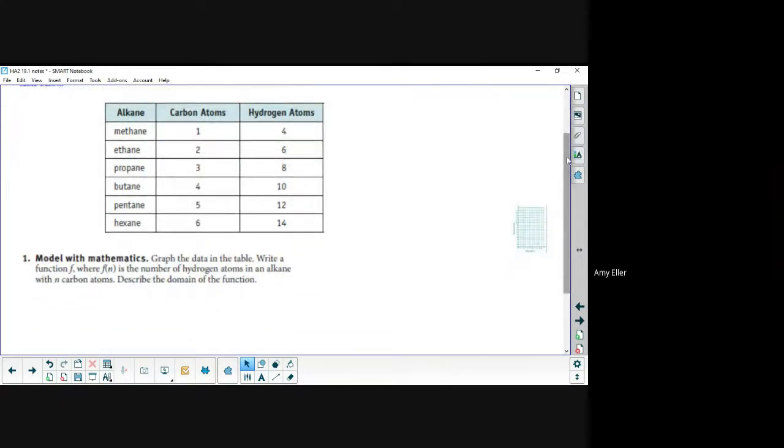Don't forget to label your axes. That's always a good habit because we forget and we miss points on a quiz.